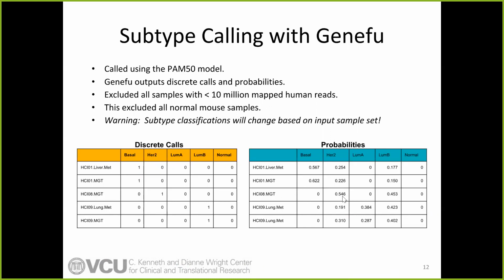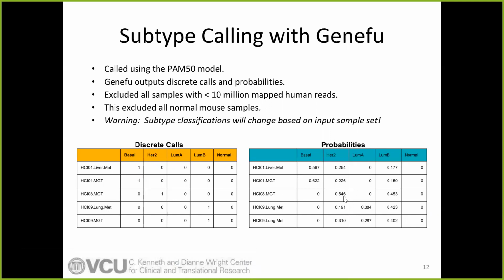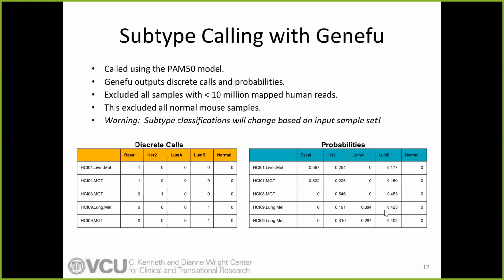HCI08, it was kind of stuck between HER2 and luminal B, but HER2 won out pretty significantly with 54%. And then the HCI09s were actually much closer between luminal A and luminal B. There were some that were even closer than this, so it's just like a luck of the draw kind of thing, that it got classified as one or the other.